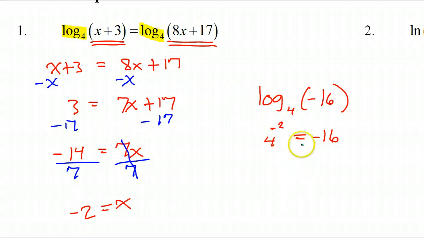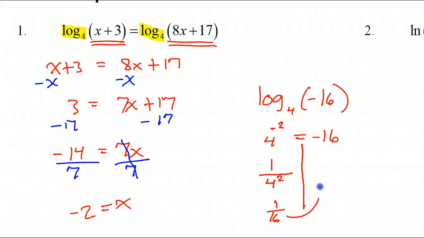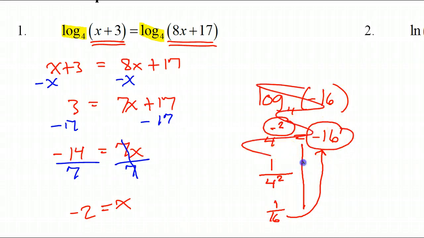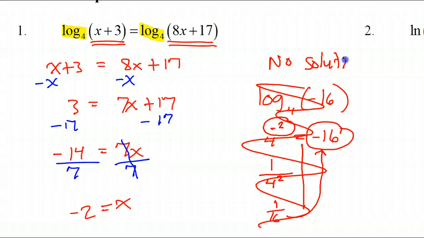Will that work? No. Negative 2 just drops you down to the denominator and makes it 1 over 16, not negative 16. There's no power that's going to turn this into a negative number. So this is impossible. If I had this type of situation, I would have to say no solution.